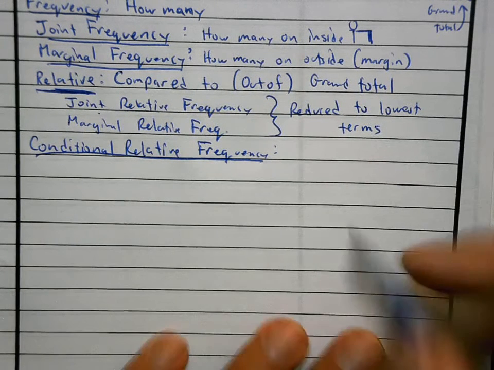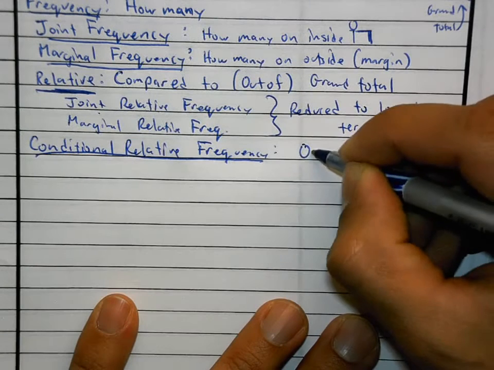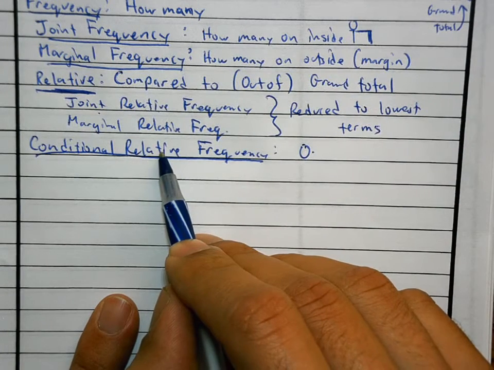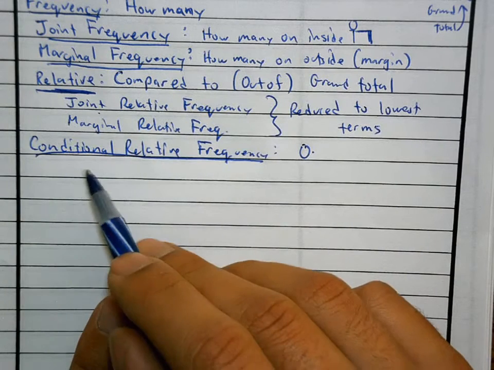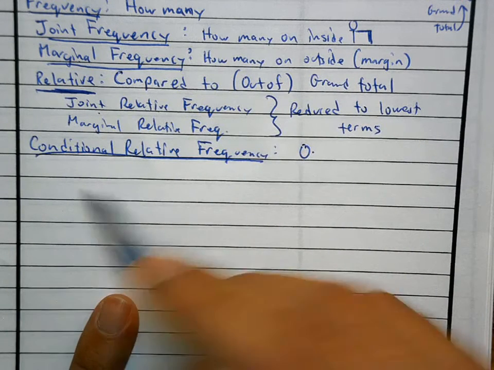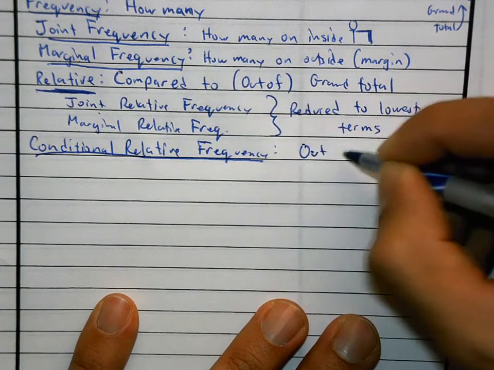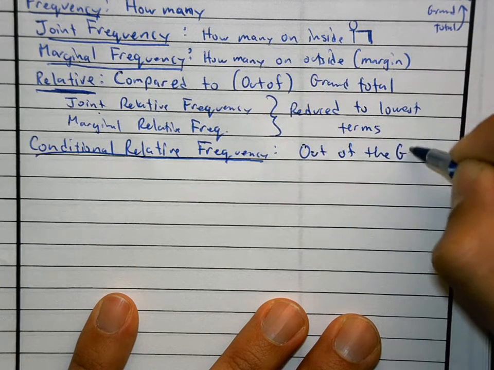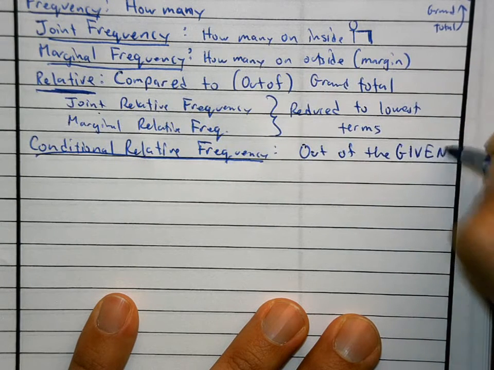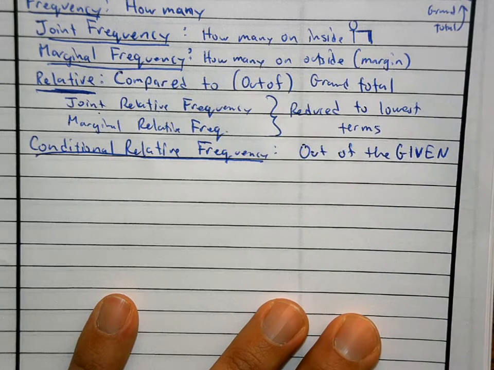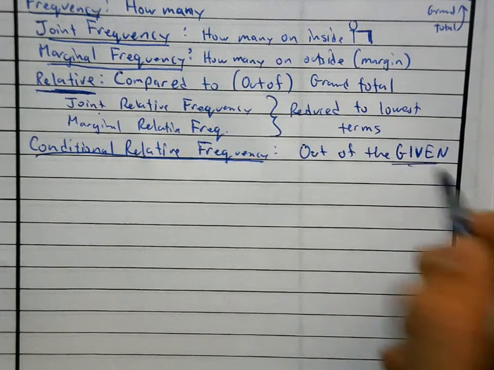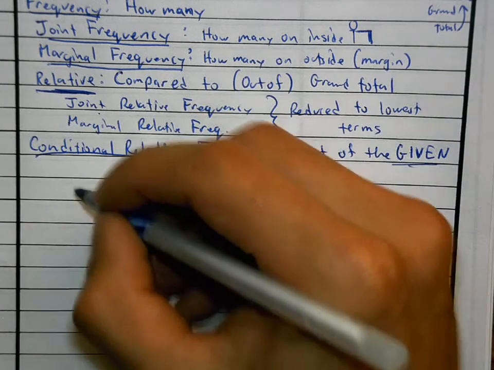So because we still have the word relative, we're going to compare it to a relative condition. It is out of the given, and I'm going to capitalize given because that word is usually used whenever they ask you these questions. Out of the given subtotal.